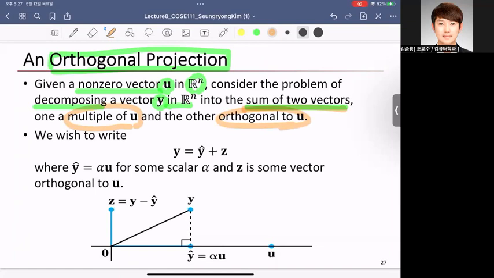What does it mean? Let's suppose the R2 space, and we have an arbitrary vector y.